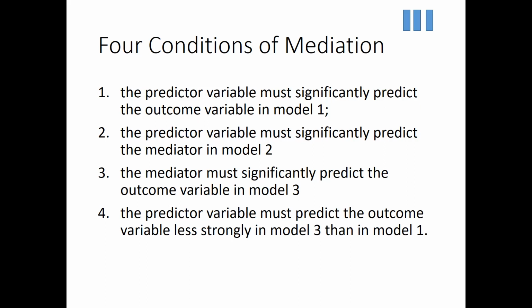And then finally, the predictor variable must predict the outcome variable less strongly, that's a very technical term, in model 3 than in model 1.